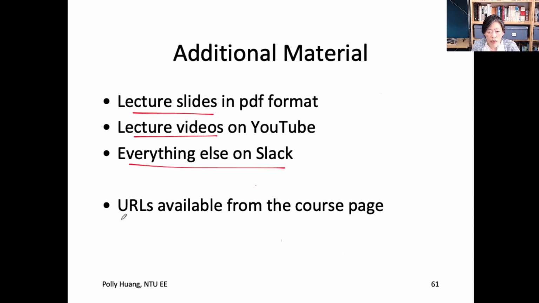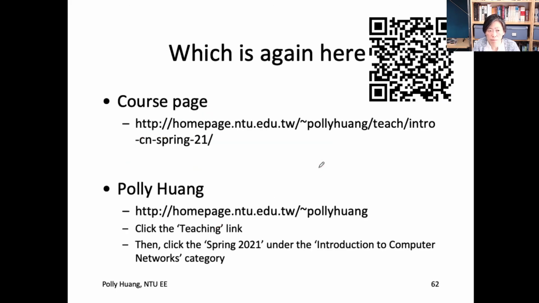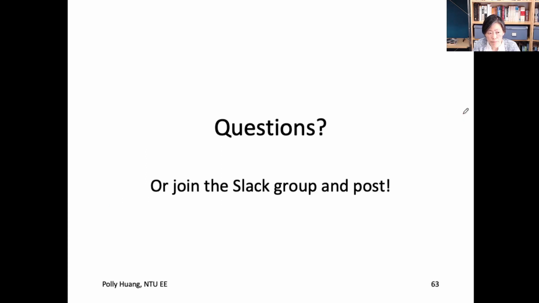URLs are available from the course page. So YouTube, Slack, URLs are available from the course page. So are the PDF sites. And again, the course page. Take this 2-dimensional barcode. All right, so that's pretty much the main content.